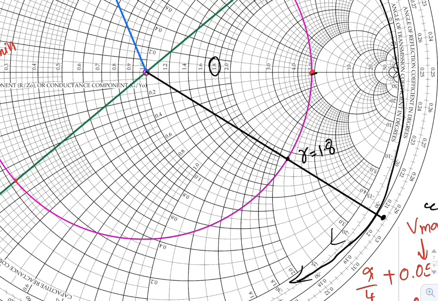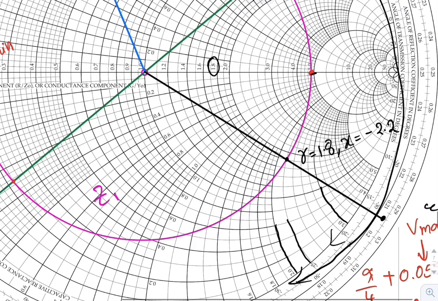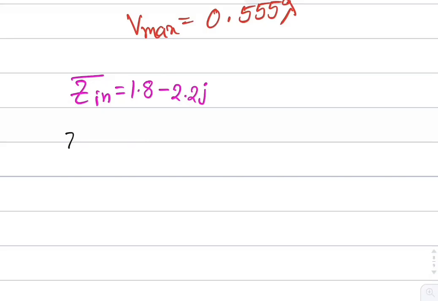You can see this line, and X value is equal to, this is 2.0, this is 3.0, that means this is 2.2, and this is in the negative axis, that's why X equal to minus 2.2. Z in bar equal to 1.8 minus 2.2J.